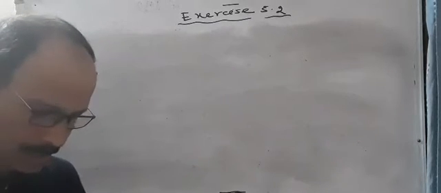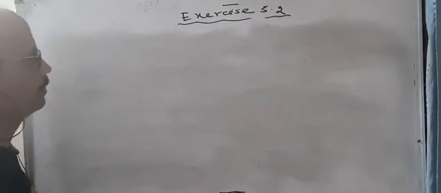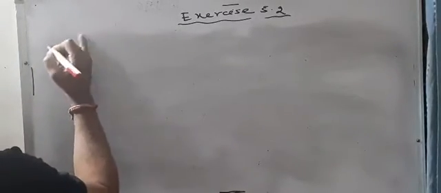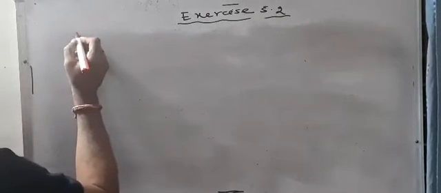I'm just writing here. You just note down these formulas to solve these two questions, question number 5 and 6. To solve question number 5 and 6, we apply this formula.